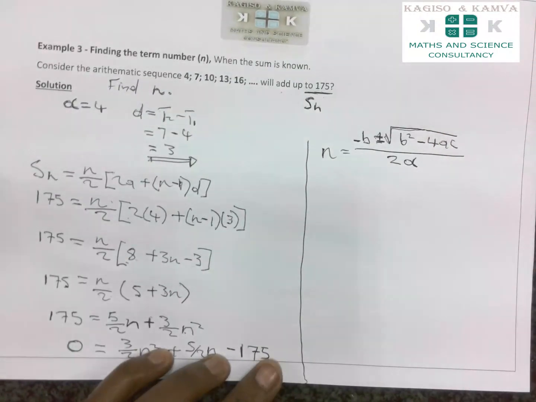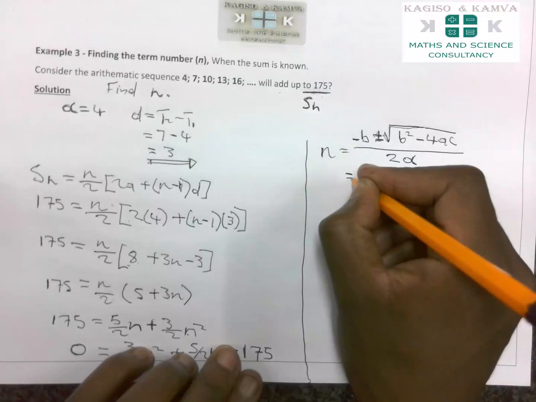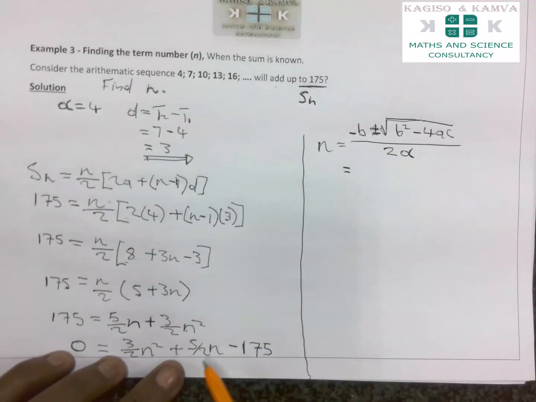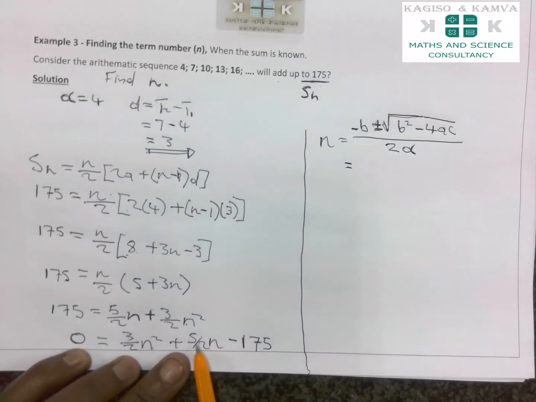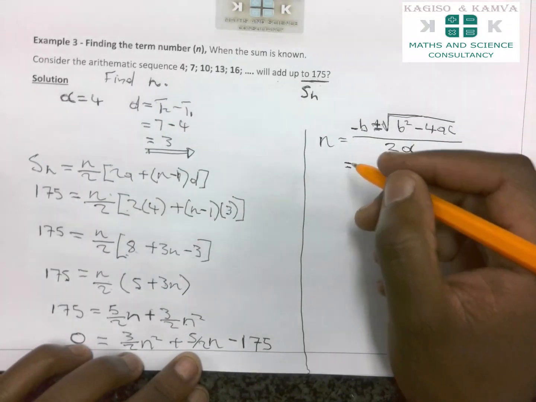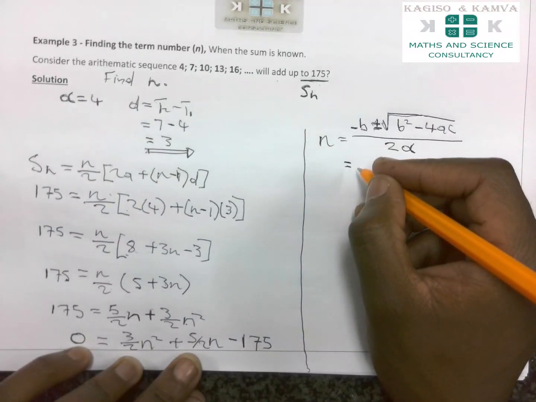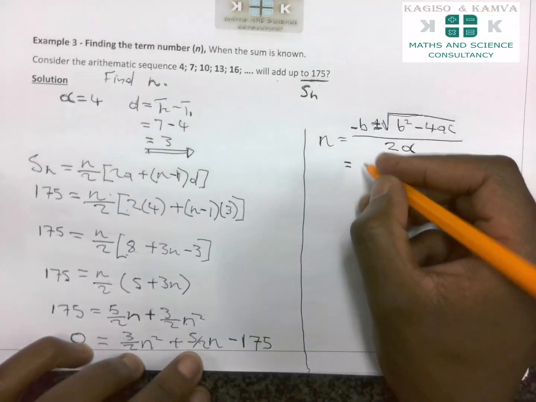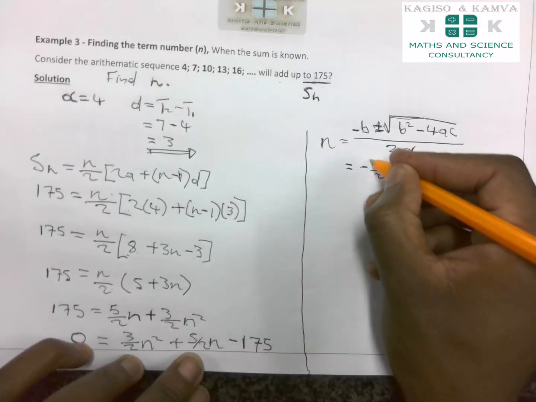Yes, it should be like this. This is the quadratic equation. Okay, so when we substitute, our b will be the coefficient of the second term there. That will be 5 over 2. That will be negative 5 over 2.